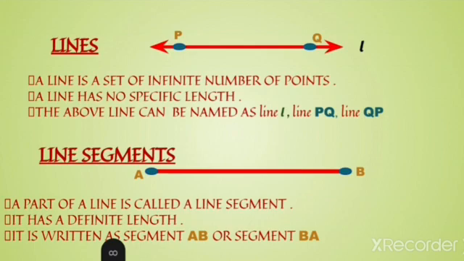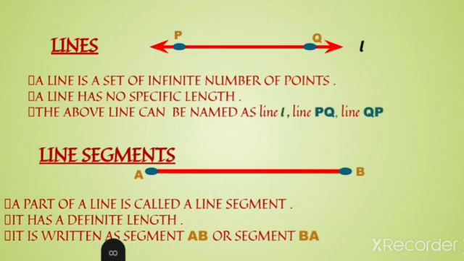It doesn't mean that a line is made up of only 2 points. A line has an infinite number of points. But when we show it on a line, we show only the points which are required. And in order to name a line, we only show 2 points.